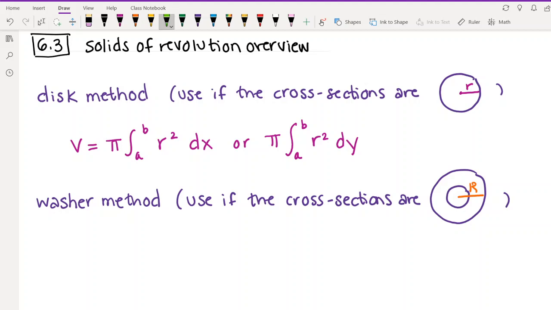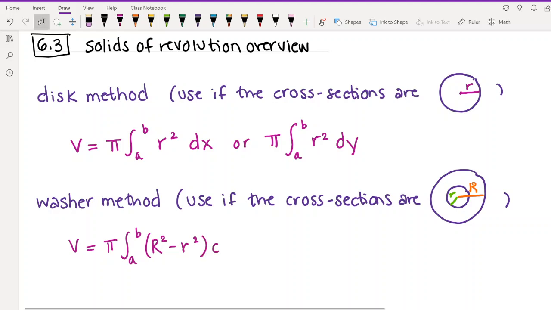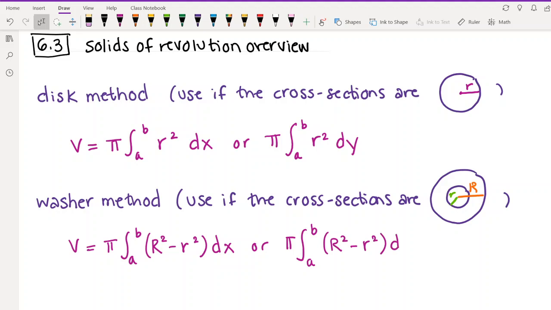But then you also would need to know the smaller radius because you want to subtract that out. And so if you put those into your integral, you end up with pi times the integral from a to b of big R squared minus little r squared dx, or pi times the integral from a to b of big R squared minus little r squared dy.